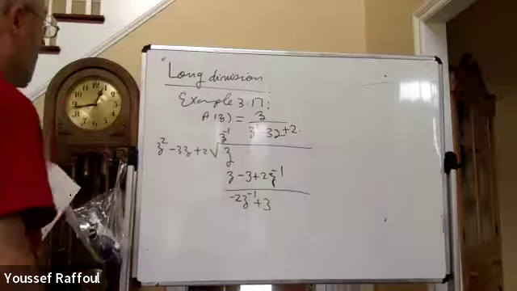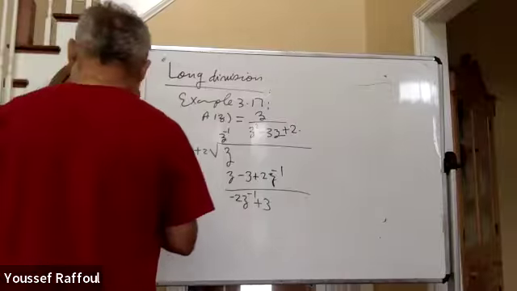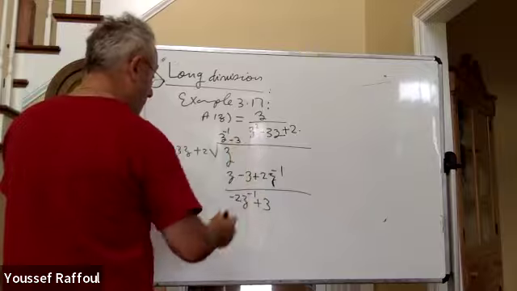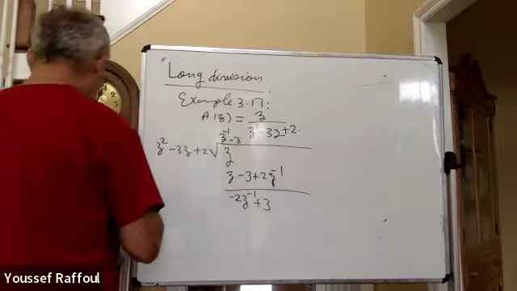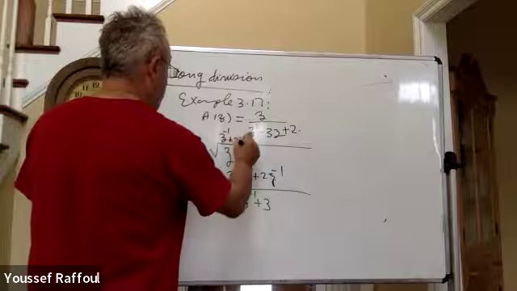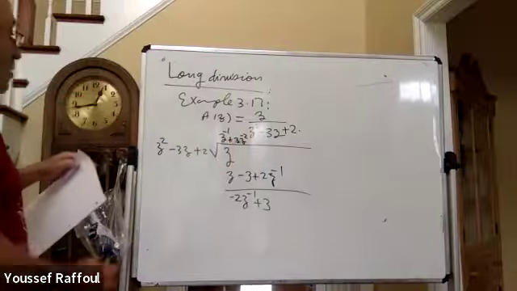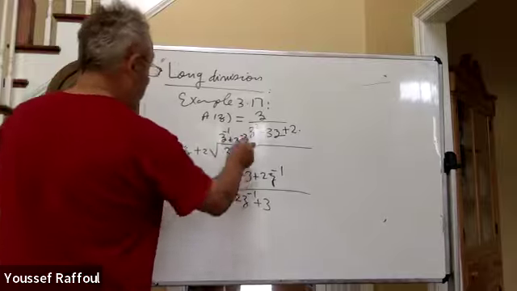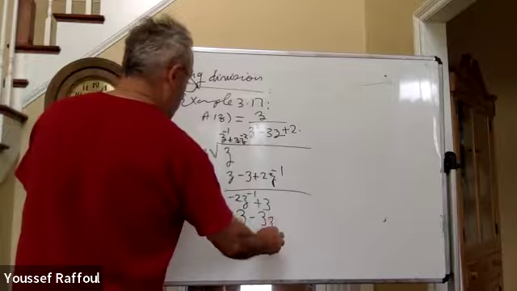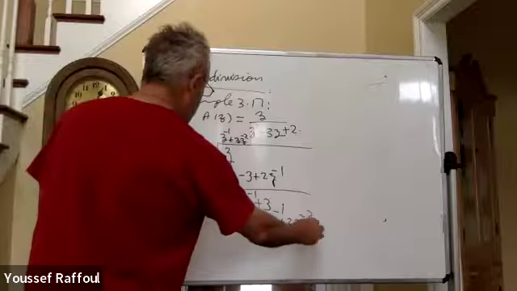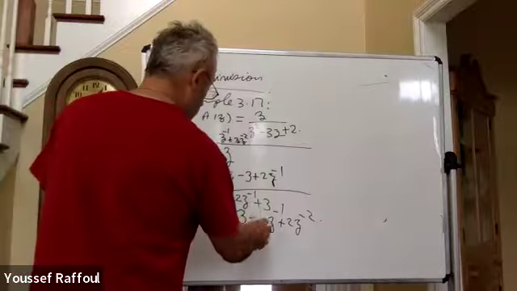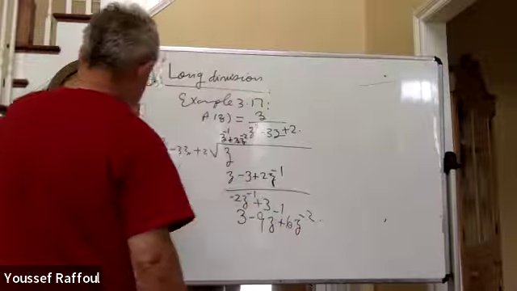Now something to cancel the 3 is going to be 3z to the minus 2, and you multiply, that will be 3z to the minus 1 minus 9z to the minus 2 plus 6z to the minus 3.